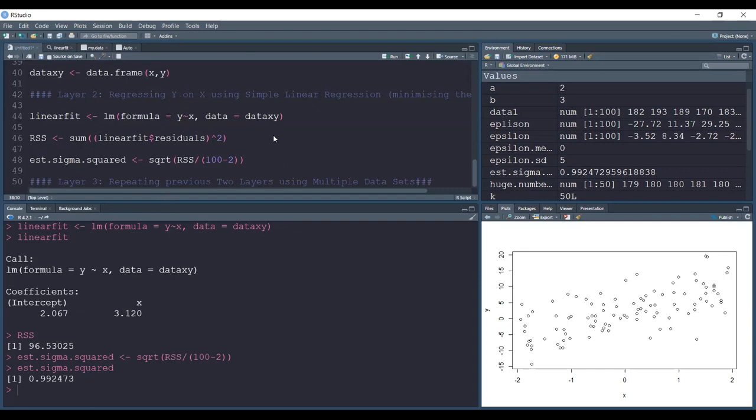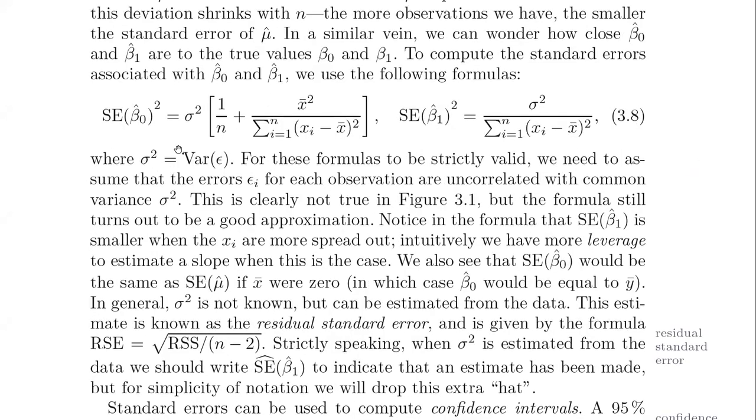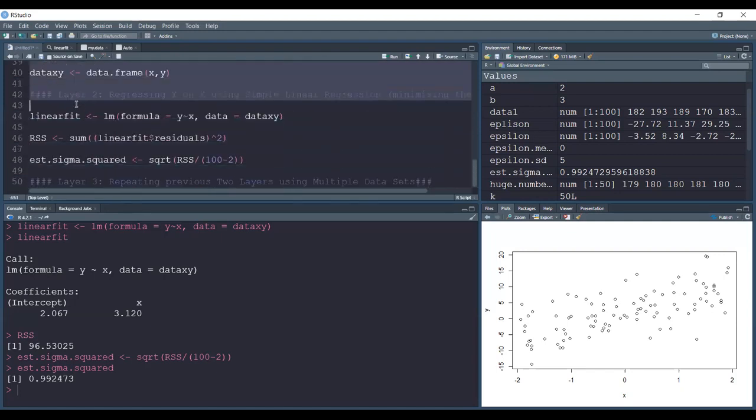Shouldn't they have been close? Shouldn't sigma squared... Sigma squared can be estimated from the data. Strictly speaking, sigma squared is the variance of epsilon. Let's run everything again.